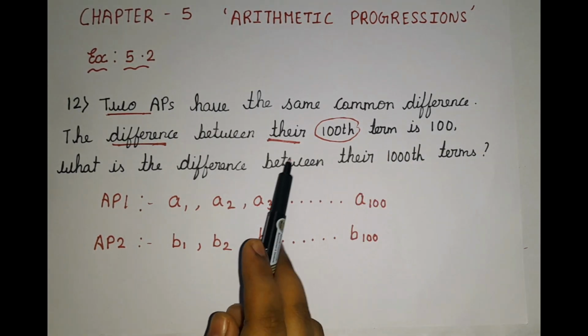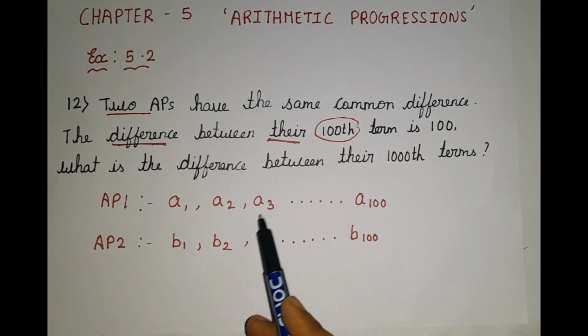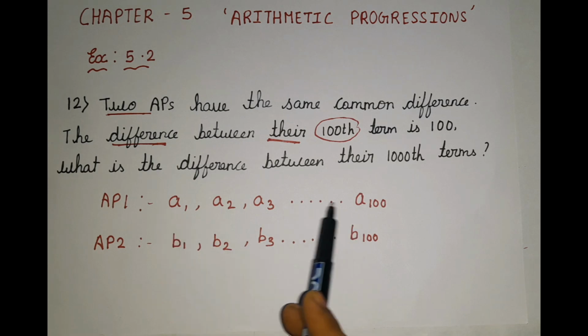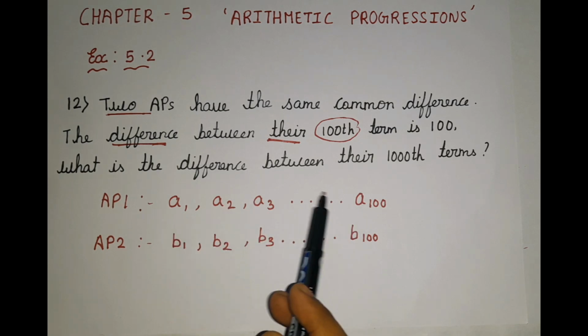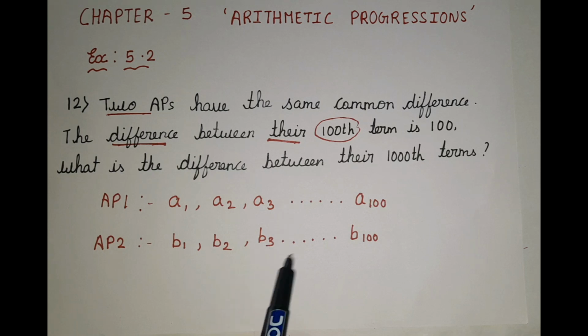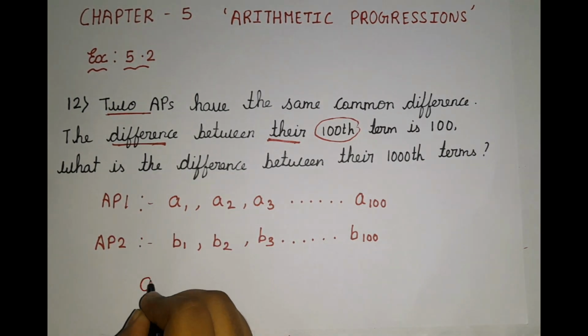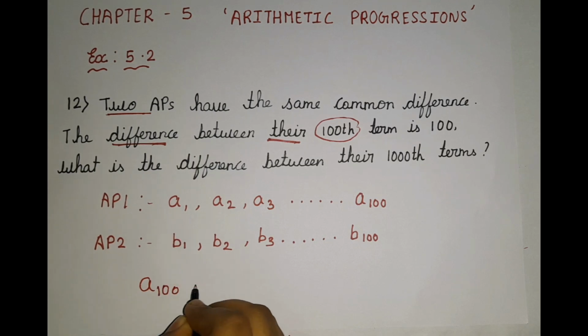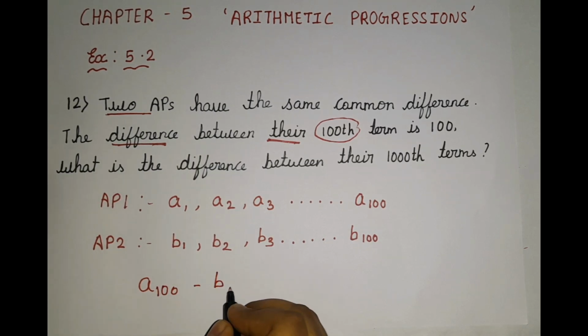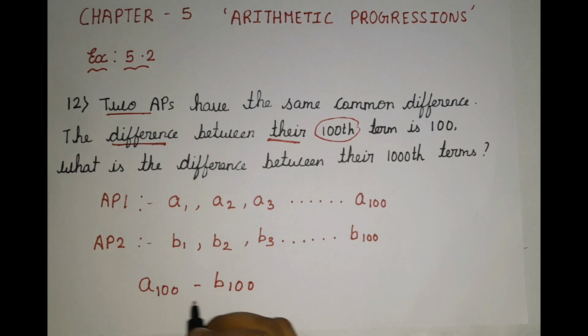Between these both APs, the difference of the 100th term is 100. They mentioned the 100th term, so we are supposed to write the 100th term for both the APs, that is A100, B100. But here they mentioned the difference, so difference means A100 minus B100. So A100 minus B100 is 100.